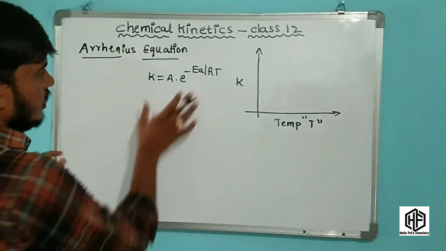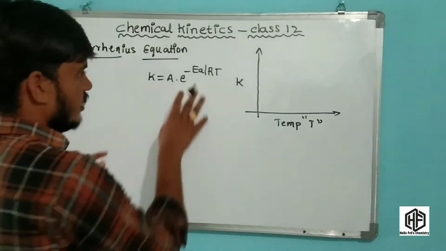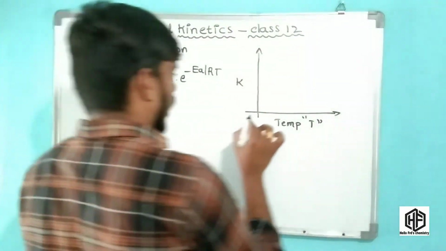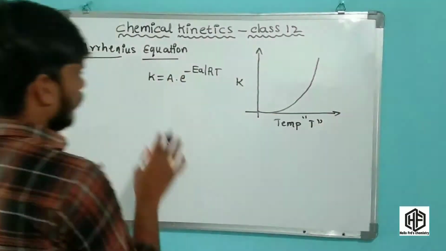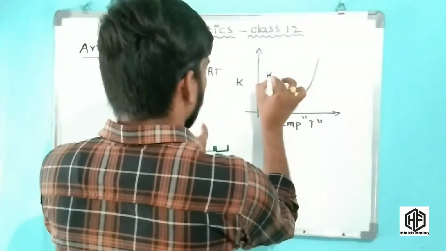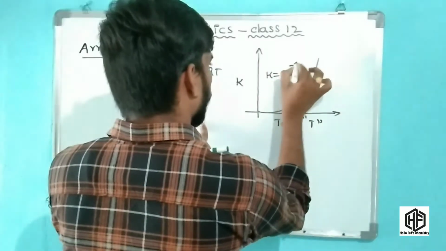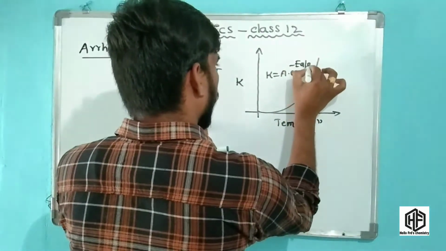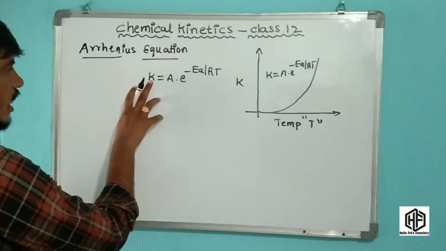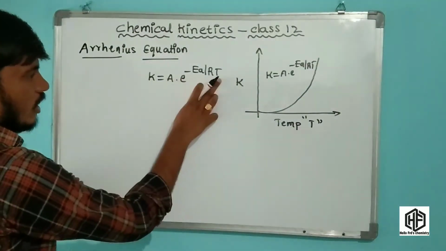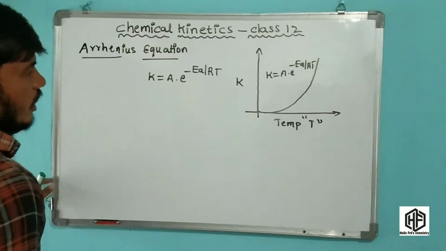The graph of this equation increases exponentially like this. This is the graph representation of k is equal to A dot e power of minus Ea by RT. This is the graph of the Arrhenius equation, rate constant k and temperature T. This is very important, friends.